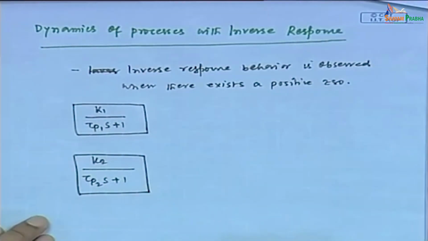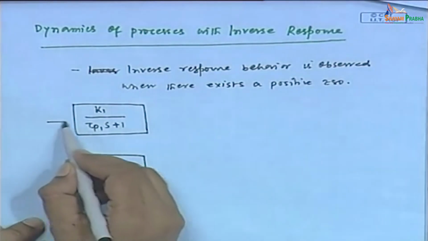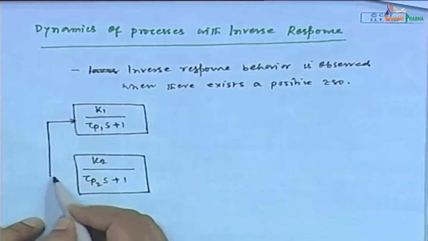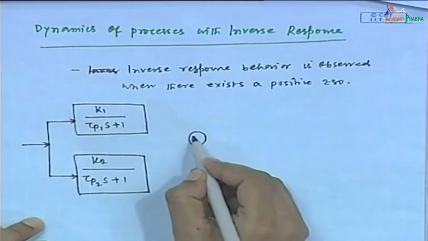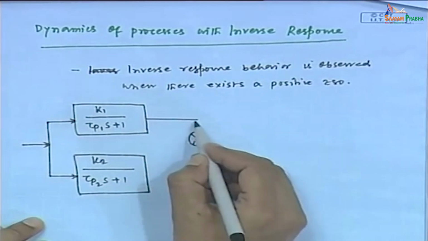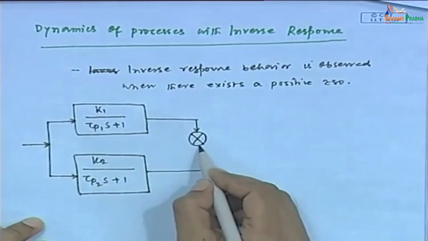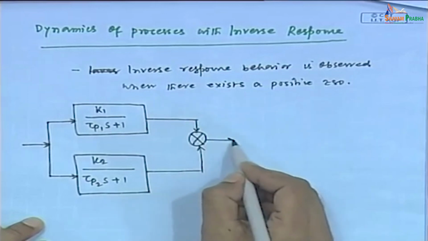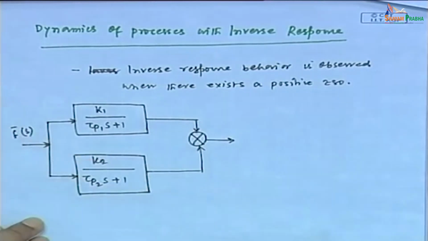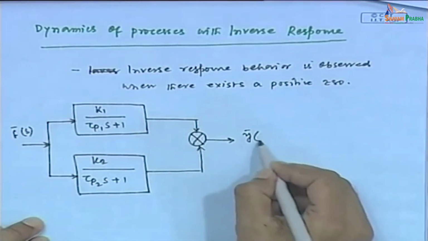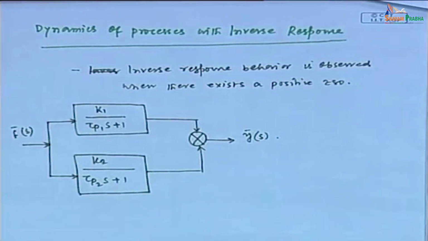Now, we want to find the condition at which this process shows inverse response behavior. Input to this process is f bar s and output of this process is y bar s. Fine.